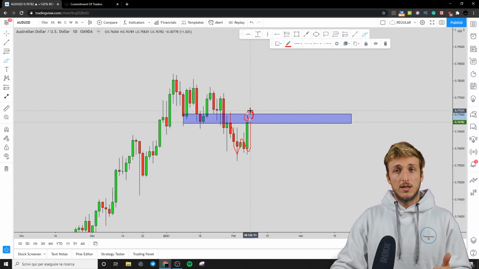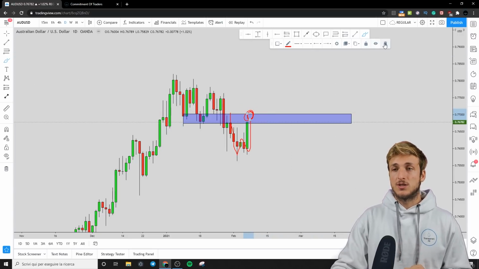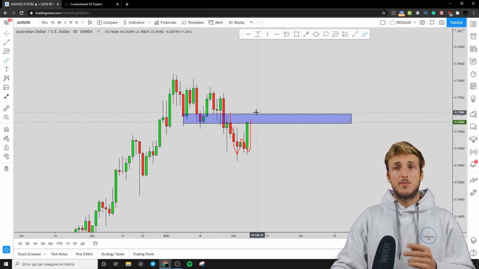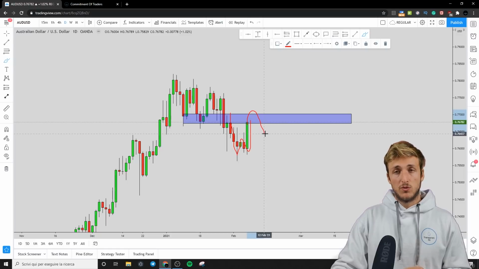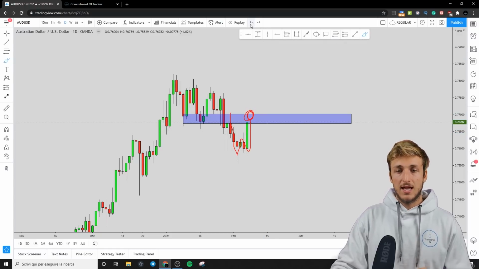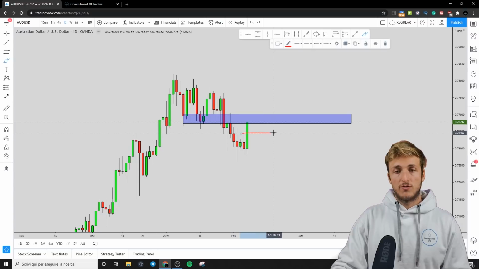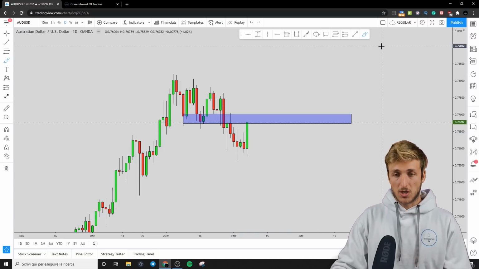So we have weekly resistance with a bearish daily pattern, and on the monthly we are overextended. So everything is indicating for a possible move to the downside here on AUD USD, at least for the completion of this daily W formation.